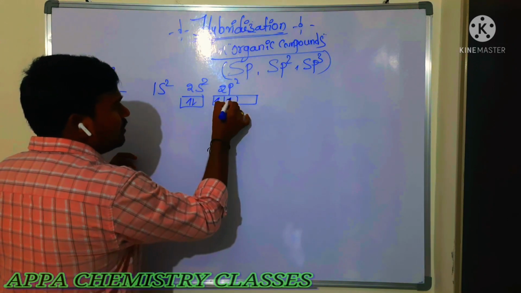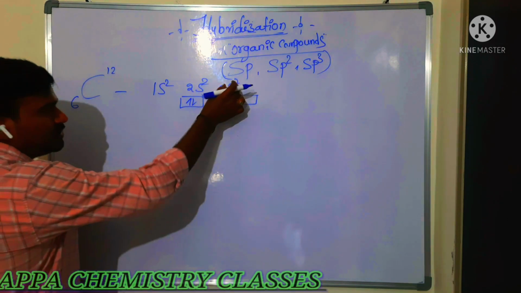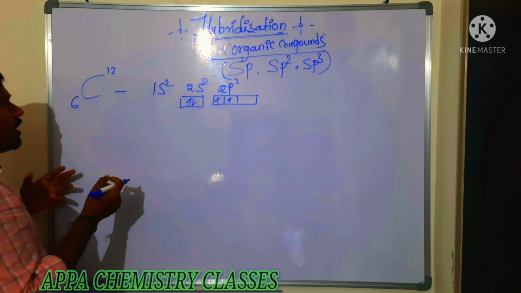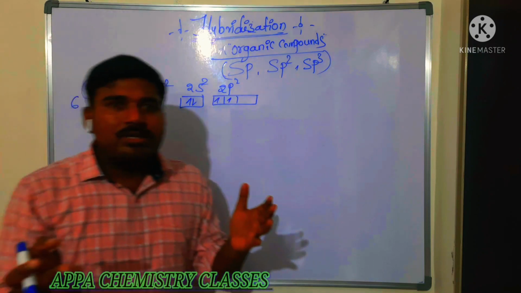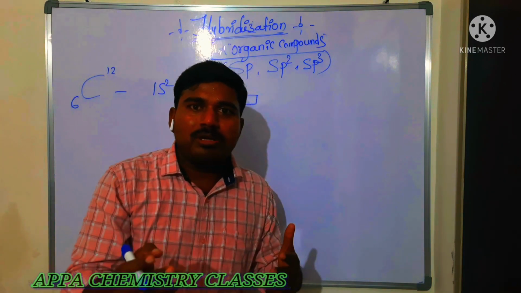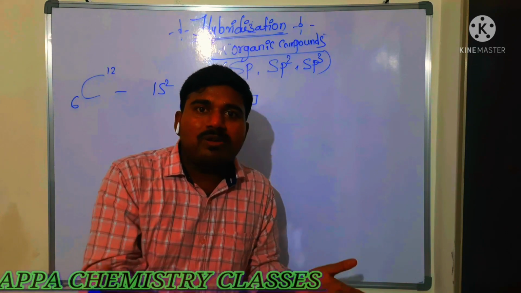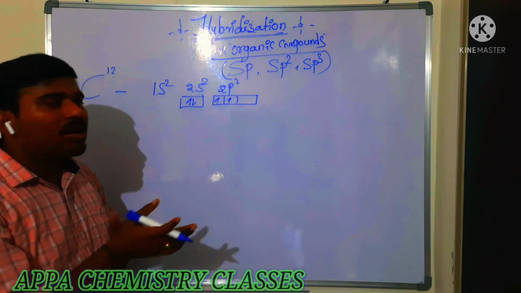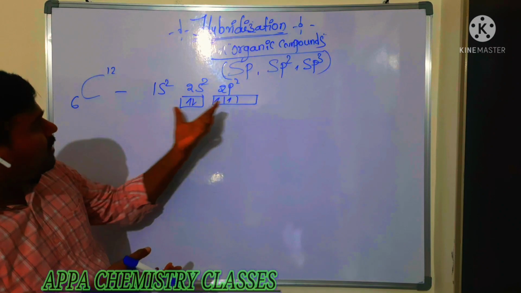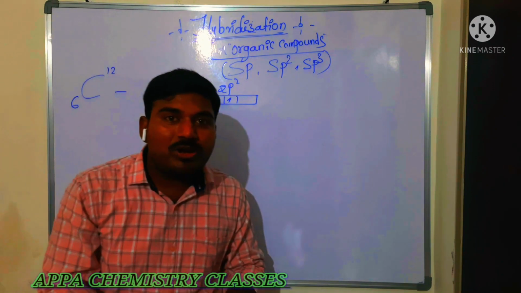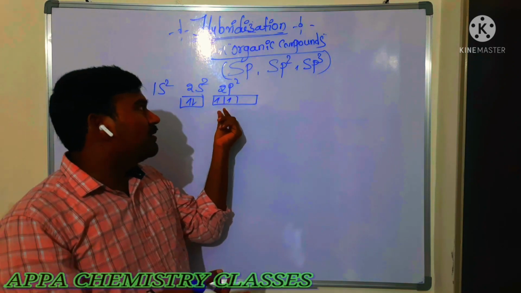There are only 2 electrons in the p subshell. We discussed in the first video that carbon shows tetravalency, forming 4 bonds. To form bonds it requires unpaired electrons, but by the electronic configuration of carbon, only 2 bonds would be formed.